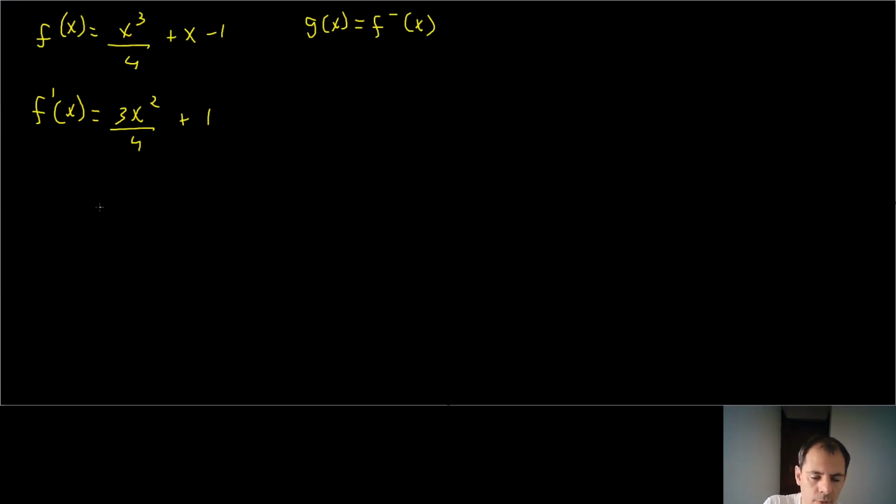It's asking for what is the value of f inverse of x when x equals 3. So it's asking for the g of 3. Remember, the g of 3 is going to transform this into a value of y.